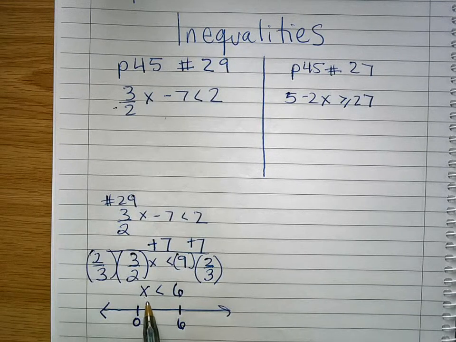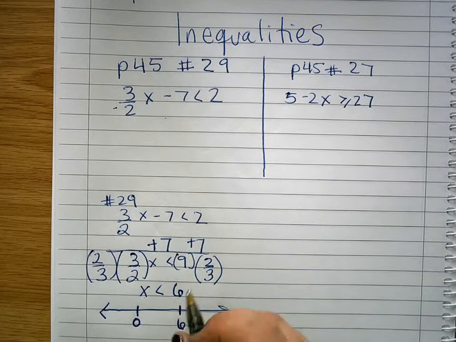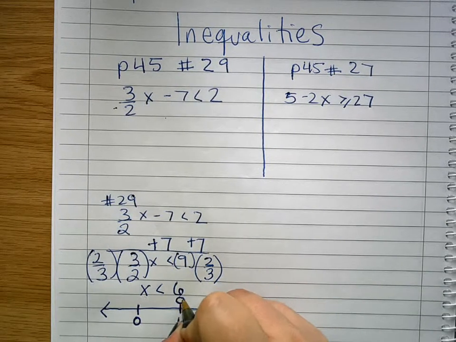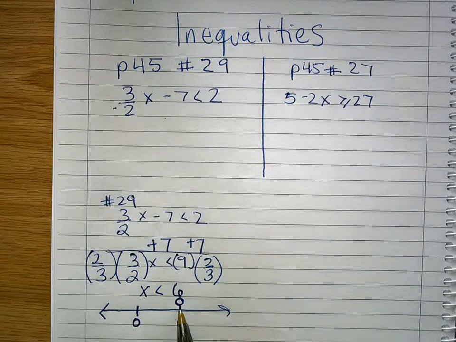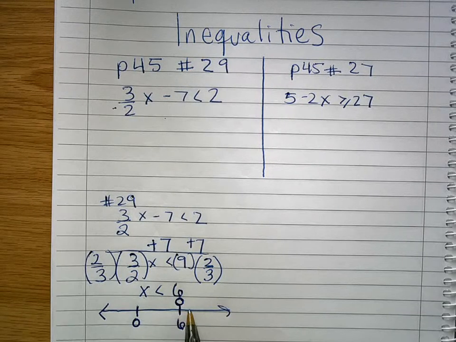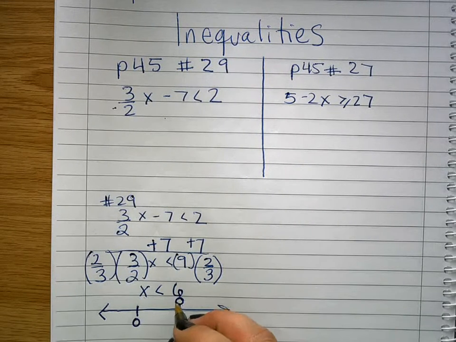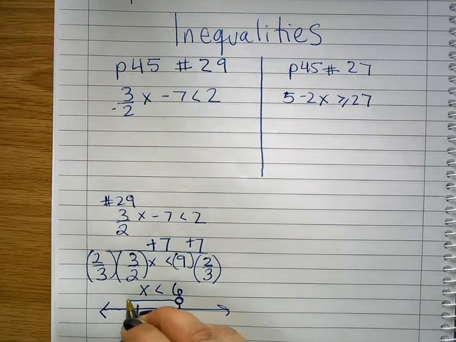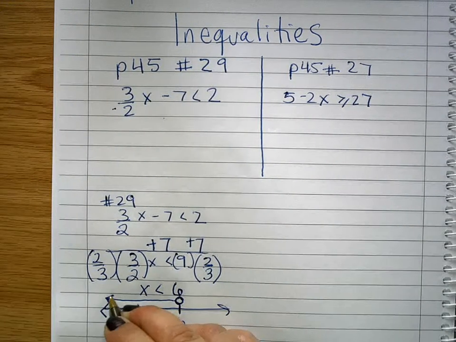In this case, no. This number 6, this coordinate 6, is not included, and so we have it as an open dot. Now notice, I'm writing the arrow, or the graph, above the number line. If I draw it on the number line, it kind of gets lost, and sometimes it's hard to tell where your arrow is going, so I'm going to draw it above. Now we have x is less than 6, not included, and we want to show that x is all numbers that are less than 6.